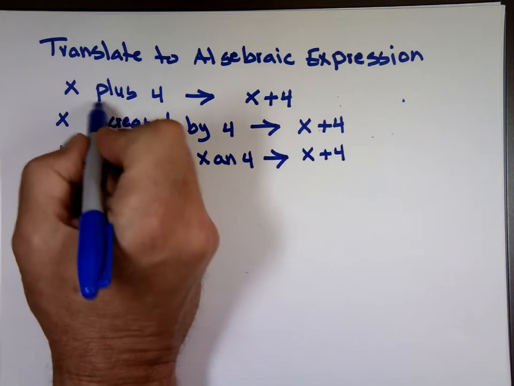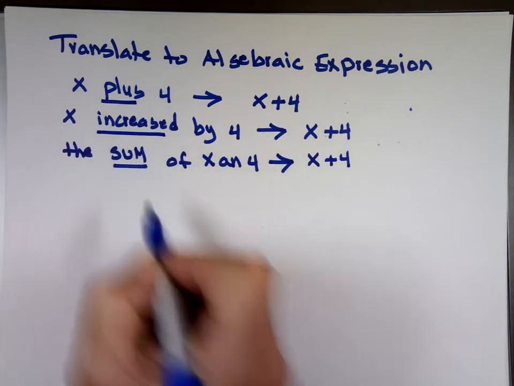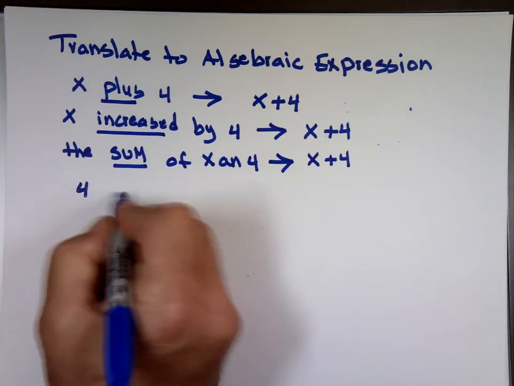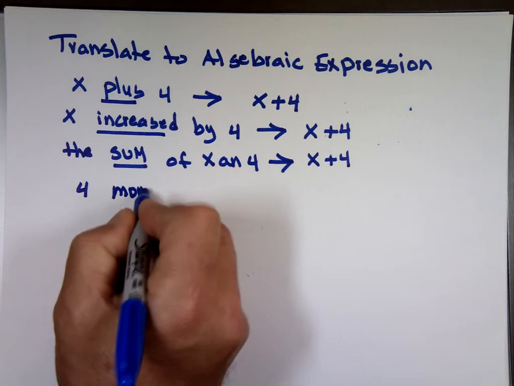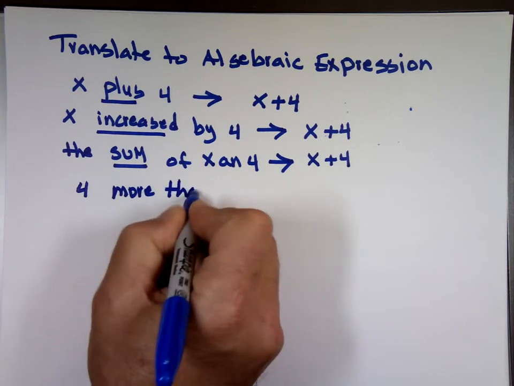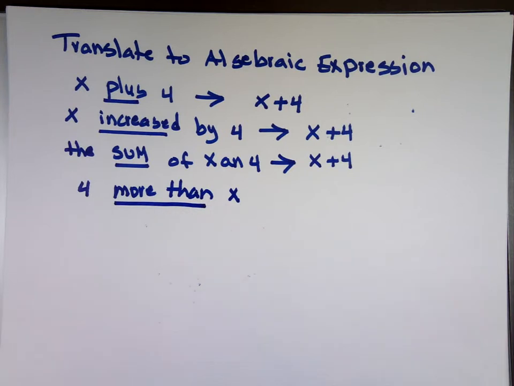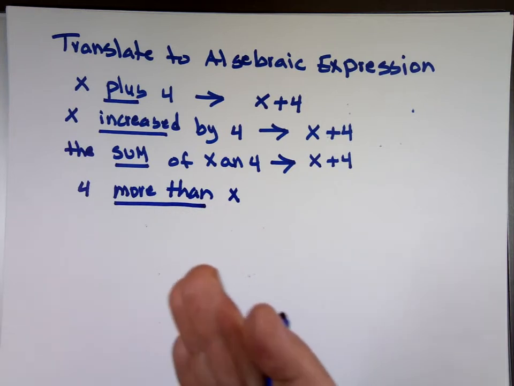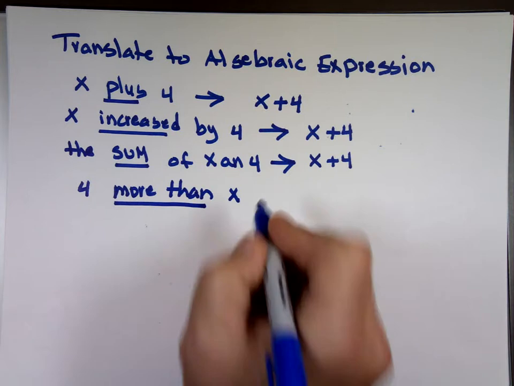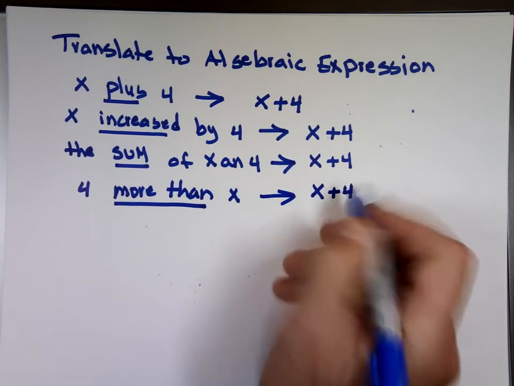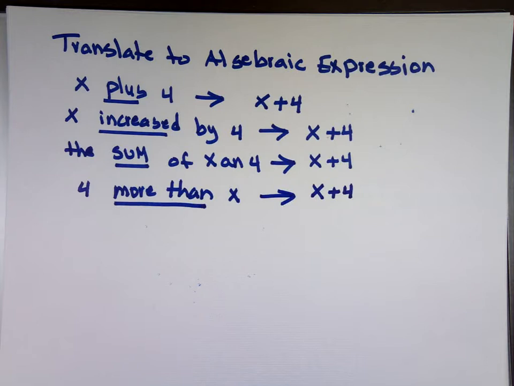So the word plus, the word increase, the word sum, they all mean addition. 4 more than, that's also addition. 4 more than x. Not 4 plus x. It's 4 more than x. So it's x plus 4. If you wrote 4 plus x, that means x more than 4.